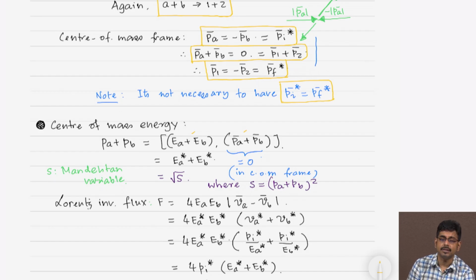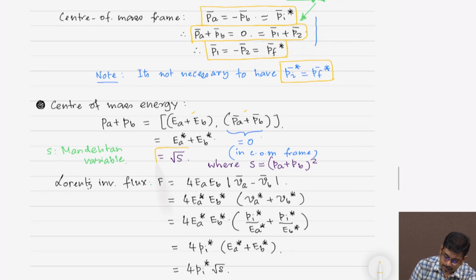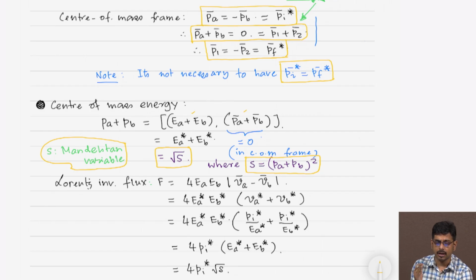And Ea plus Eb we can write as Ea star plus Eb star, which we define to be equal to square root of S. This is what is defined as the center of mass energy, and the definition of S is essentially (Pa plus Pb) 4 momentum whole square. This is one of the Mandelstam variables. We will discuss some other Lorentz invariant Mandelstam variables in our tutorial exercises.